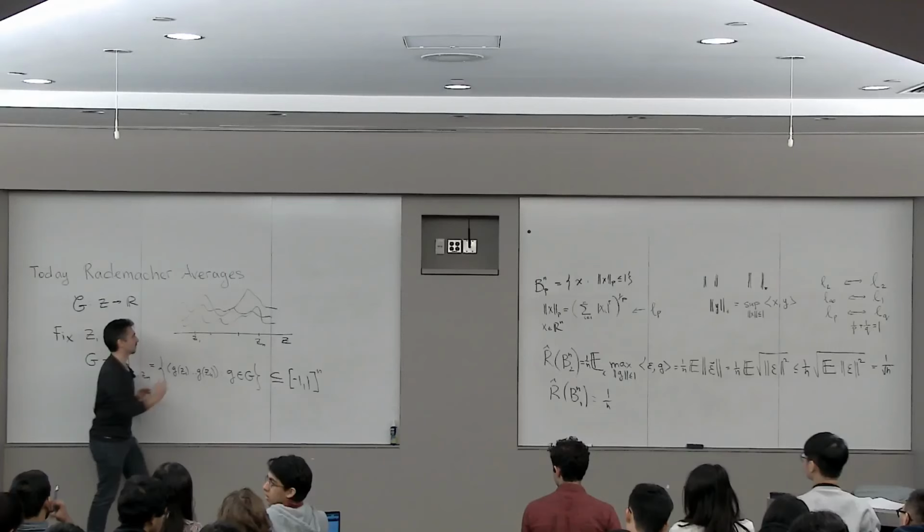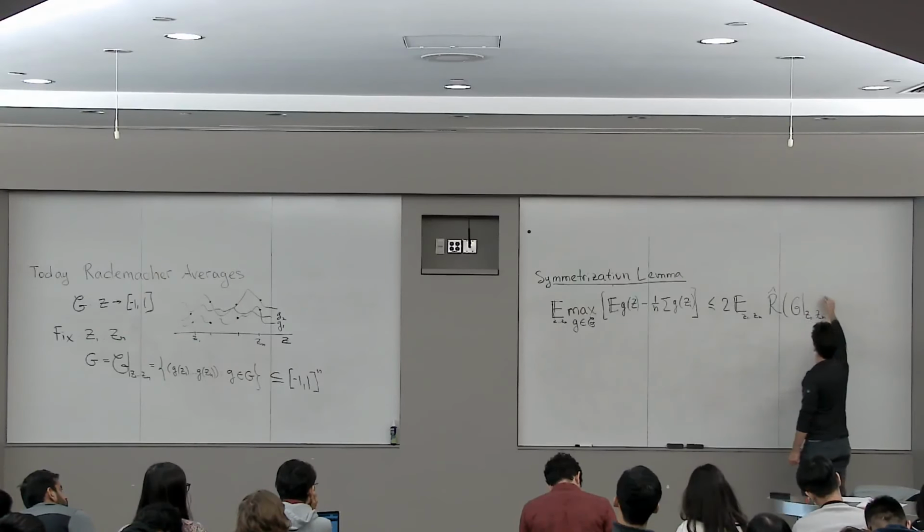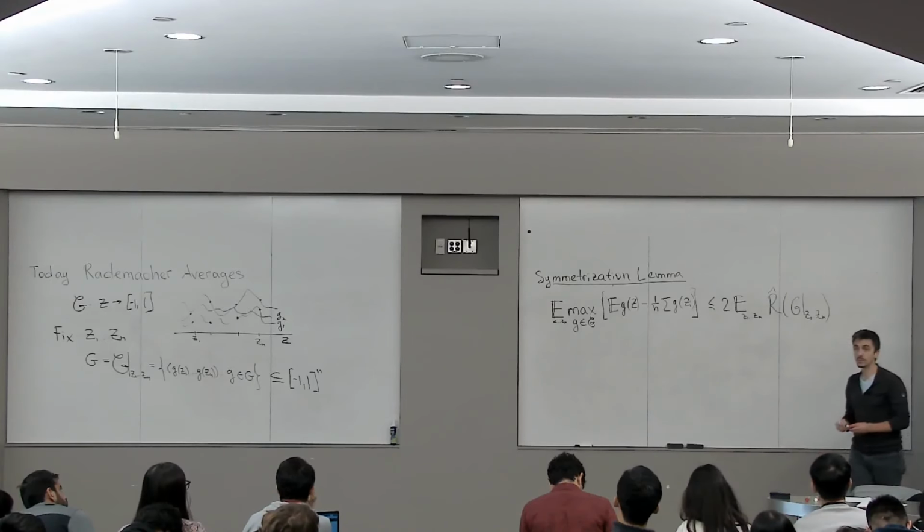Again, this is over Z1 through Zn, which should be clear because this is the only random variable here. Okay?